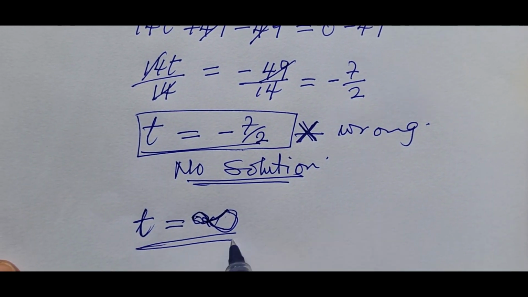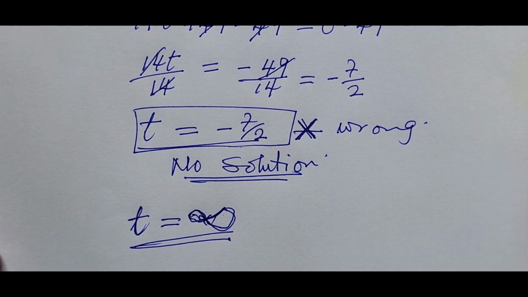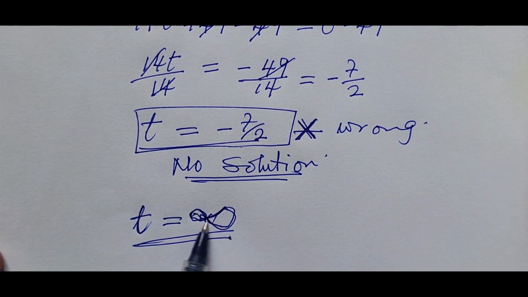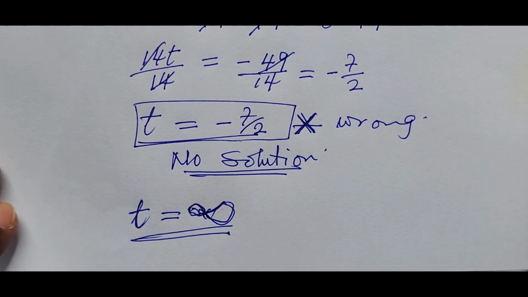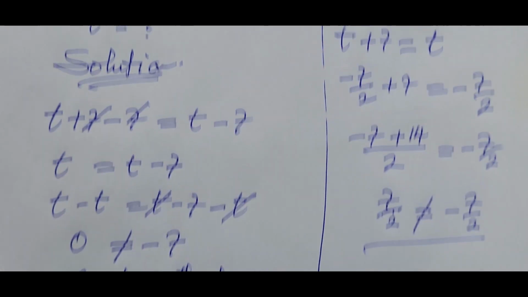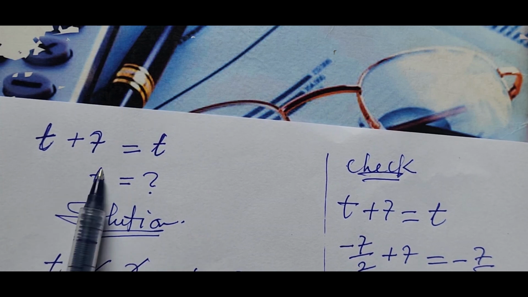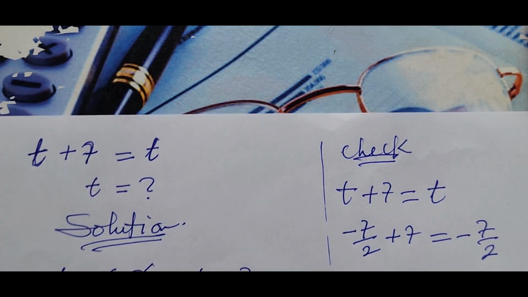Okay, so t will tend to infinity. But still, we do not regard this as an answer. This is not a number. It's just a concept. So t is equal to infinity, and both of them cannot meet at all. But in all, we say here that we do not have a solution to this algebraic equation.